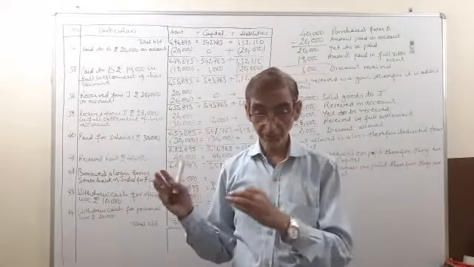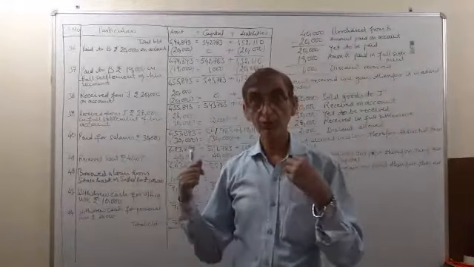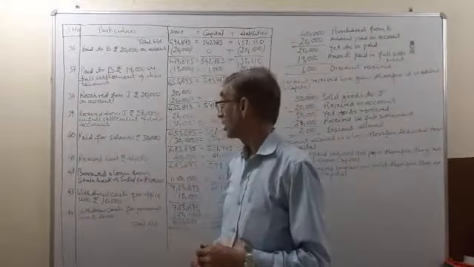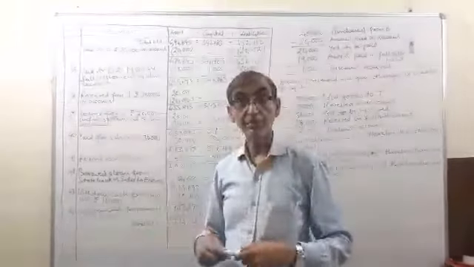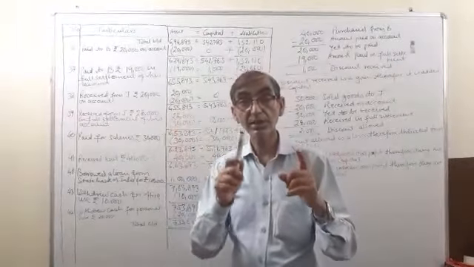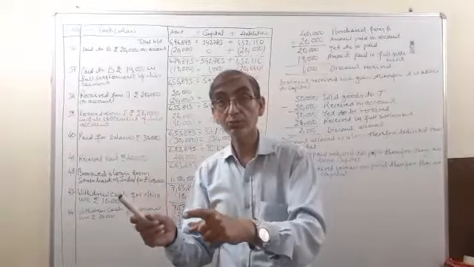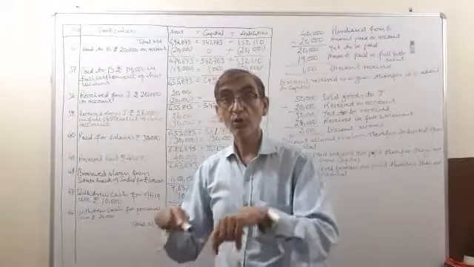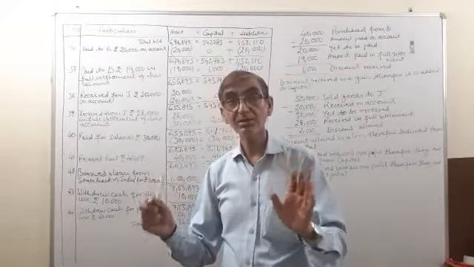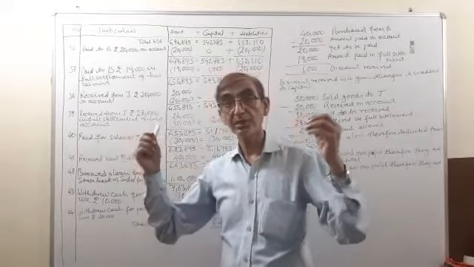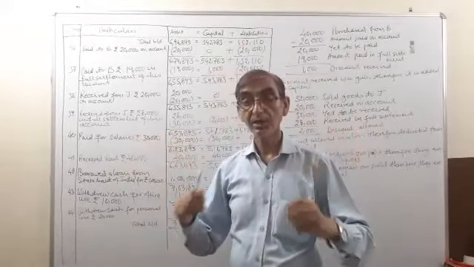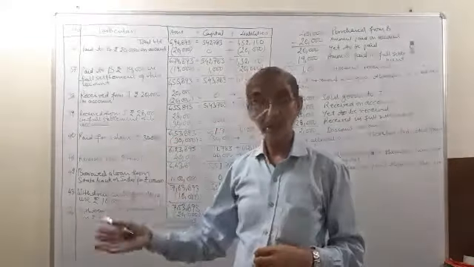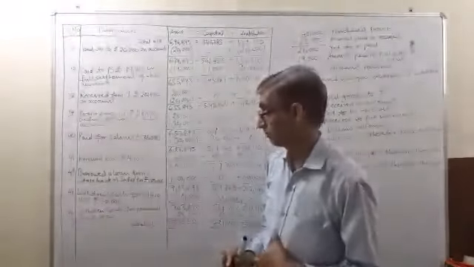So 50,000 goods have been sold to J. Now we will receive the money from J, because over there it was not mentioned whether the goods were sold for cash or on credit. It was just mentioned sold goods to J rupees 50,000, and we assumed that transaction to be a credit transaction. Now we are going to receive the money.